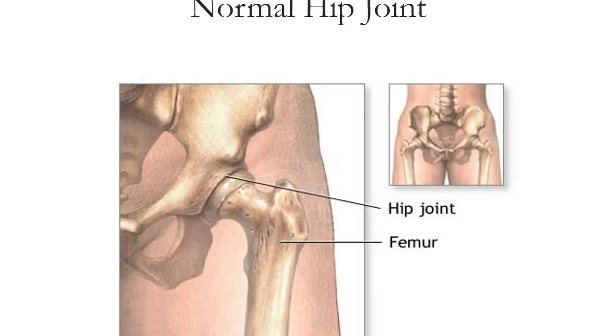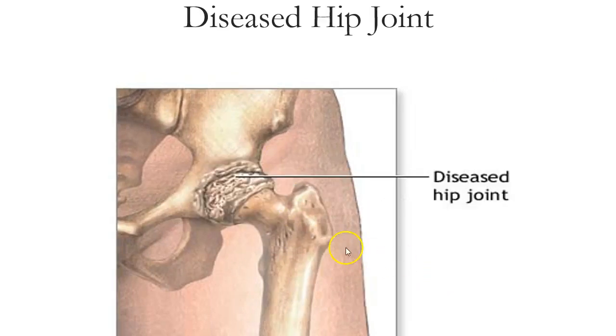So here's a picture of a normal hip joint. You can see the acetabulum, the cup, is nice and smooth inside, and the tendons and cartilage and everything are nice and intact. Now this is a diseased hip joint.